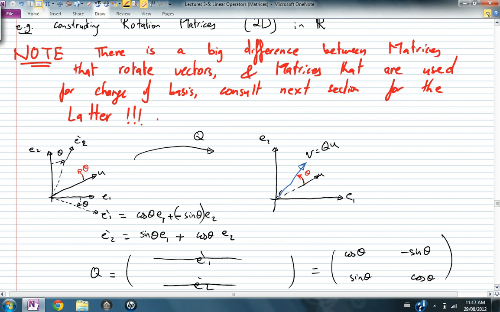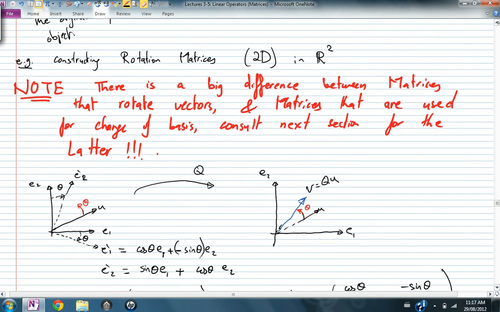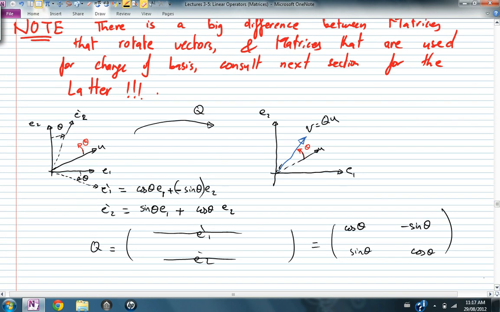For rotation matrices, what you do is, if this is the direction of the rotation that you're looking for, you rotate your basis the opposite direction. After you rotate your basis in the opposite direction, you get the relationship between the new basis and the old basis.